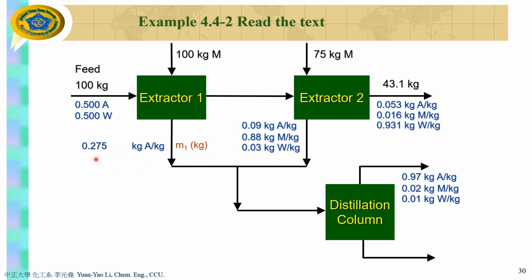And you need to put some information for the fractions. So acetone is 27.5%. You don't know which is X, right? X, you have M1. M1 means this is extractor 1, so you use M. M stands for MIBK. And then others are water. So you have 3 things here.